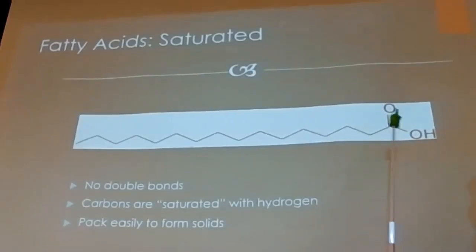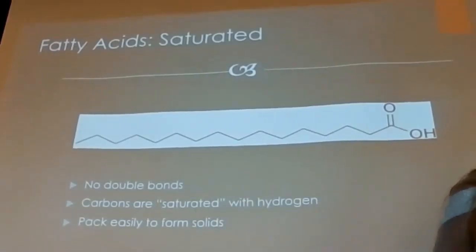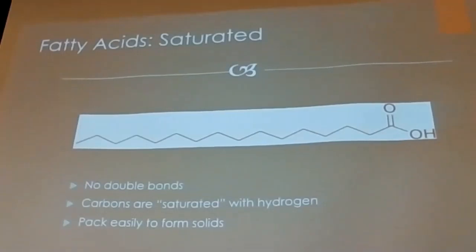And so these, remember, are the ones that are going to be more prominent in our solid fats like butter, lard, the palm oil and coconut oil, which are closer to solids at room temperature. We're going to have a lot of these saturated fats in them. They pack very tightly, and they tend to be more involved in clogging arteries. So doctors say, let's avoid those saturated fats if we can.